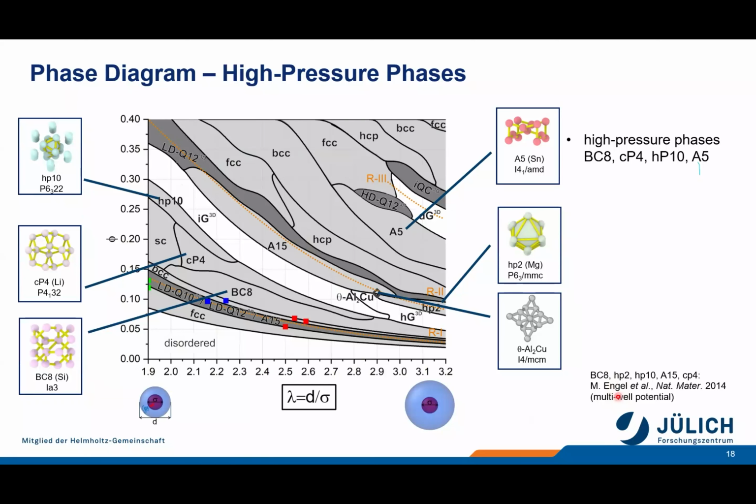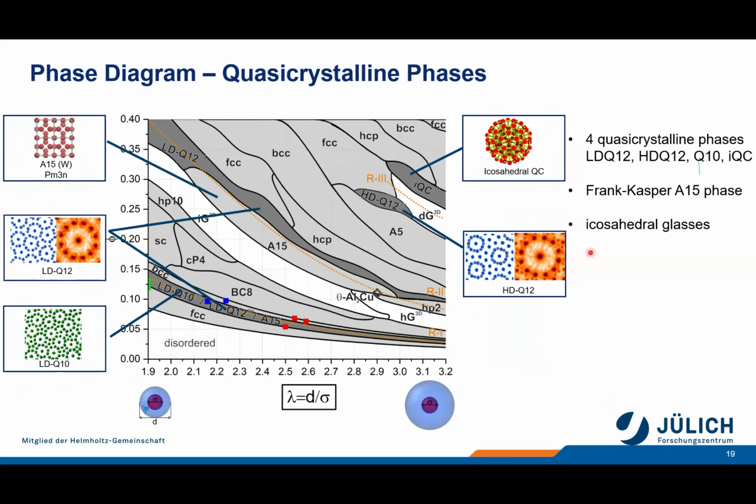So we recognize that Engel and Glotzer reported these already in some MD simulations some time ago, but using attractive multi-well potentials. We now find them with just a simple core-shell repulsive potential. And sure enough, we see quasicrystalline phases, and in fact, many of them. So we see a small, thin stability region of quasicrystal with 10-fold rotational symmetry, then also a low-density type with 12-fold rotational symmetry.